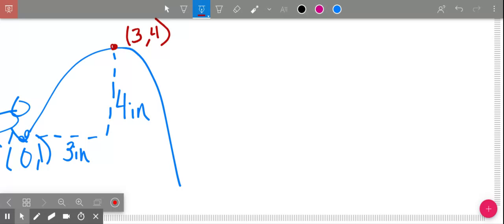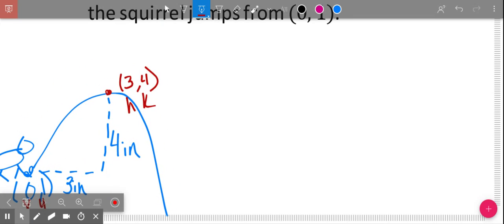Now, since we have the h and the k and the x and the y, we can go ahead and start labeling stuff. This is going to be my h and my k. This is my x and my y. Now I can plug everything into my vertex form.